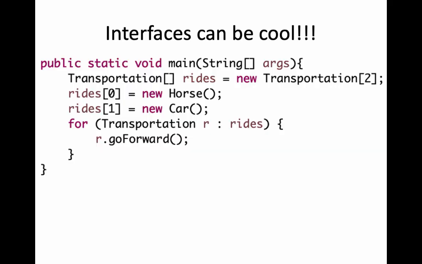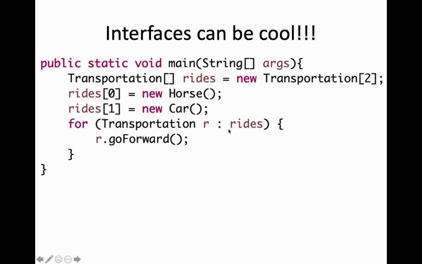And interfaces can be super helpful for being able to treat a bunch of different types of objects in the same way. So here I've made a transportation array, and I can put a horse and a car in it, even though they're in different parts of my inheritance hierarchy. And I can do that because horse and car both implement the transportation interface. And then I can just loop through all of the elements in my array.